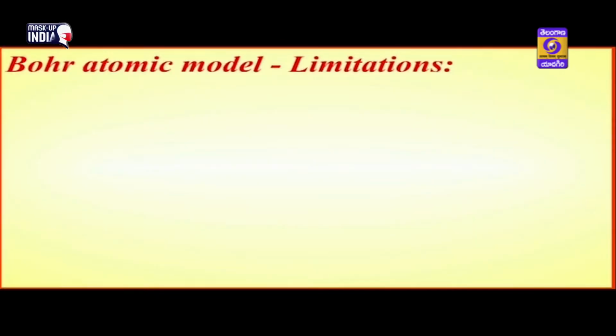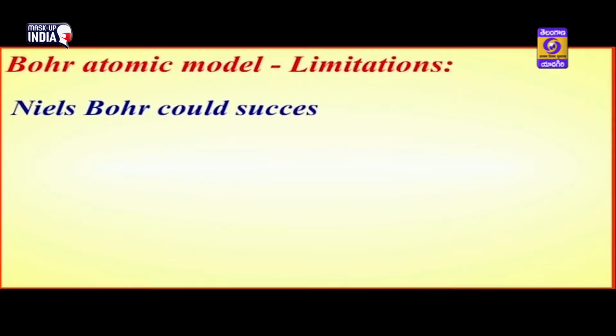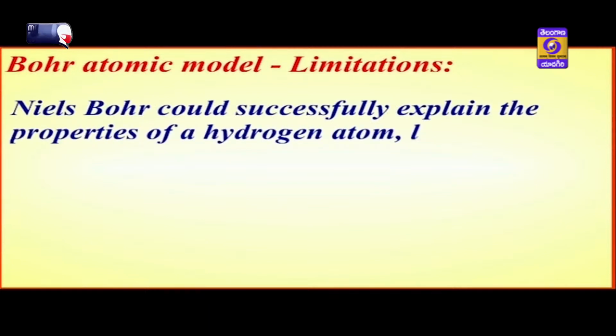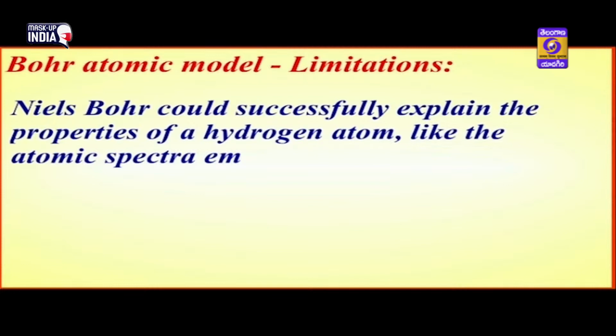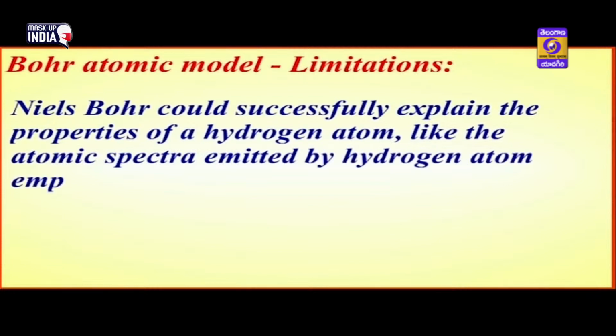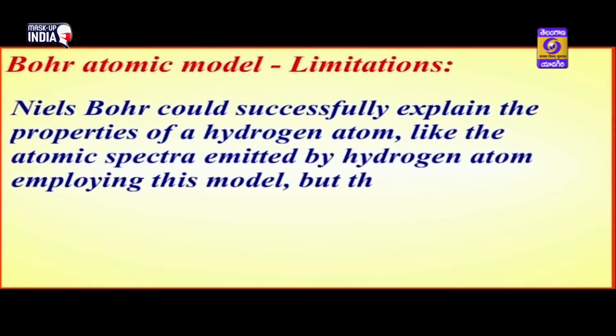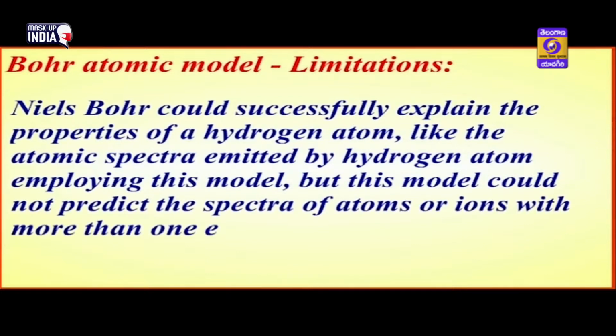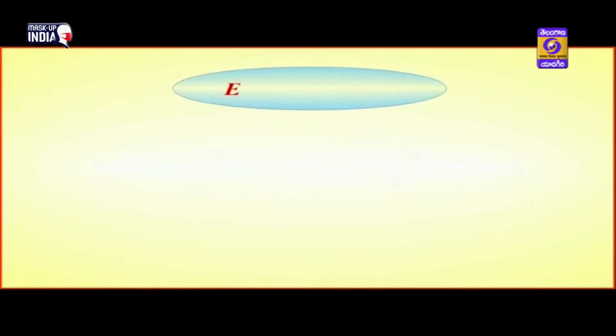Bohr atomic model limitations. Niels Bohr could successfully explain the properties of hydrogen atom like the atomic spectra emitted by hydrogen atom employing this model. But this model could not predict the spectra of atoms or ions with more than one electron.